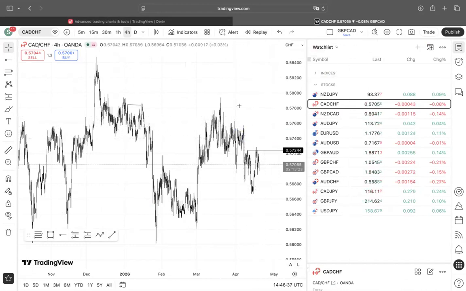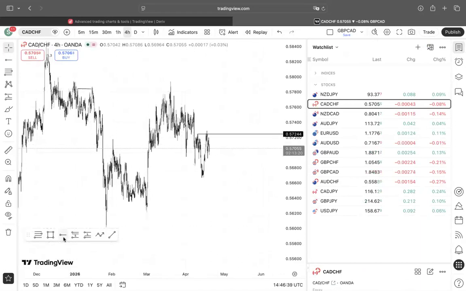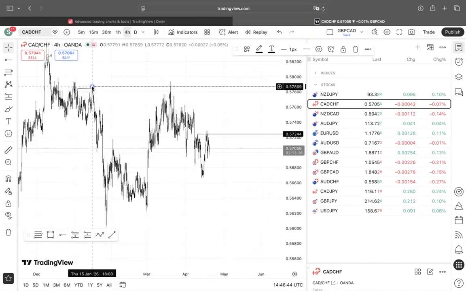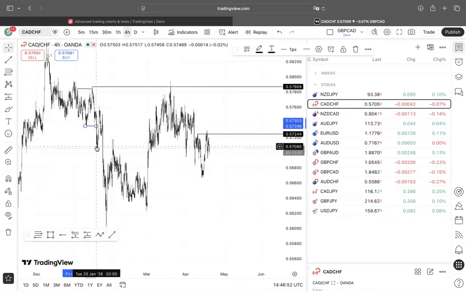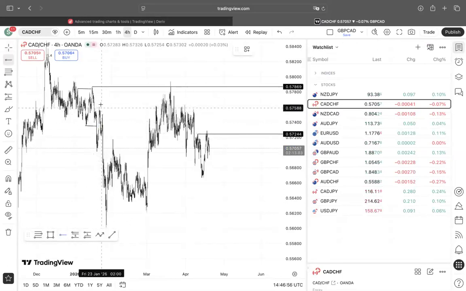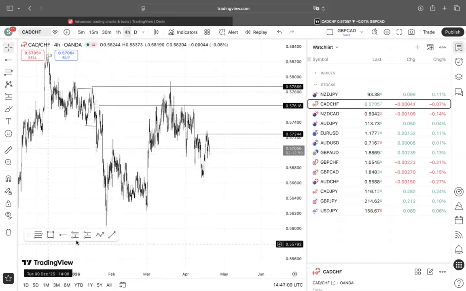All right, so for CADCHF, we had our sweep. All right, and then this becomes what our point A. And then we had our break of structure first before price retraced and formed what's our structural liquidity. So here becomes our structural liquidity and then our other break of structure.